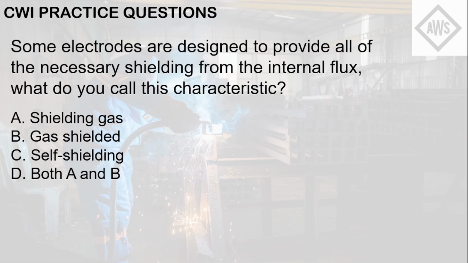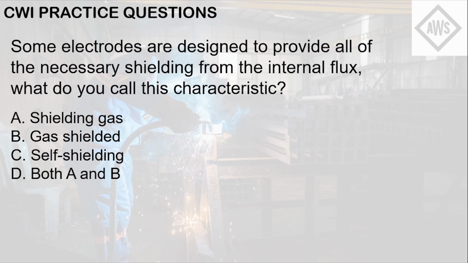So for GMAW and FCAW, sometimes you need a separate shielding gas input to protect the weld from atmospheric gases. For FCAW, one advantage is that it can be self-shielding. Self-shielding means that the necessary shielding for the welding process comes from the internal flux.